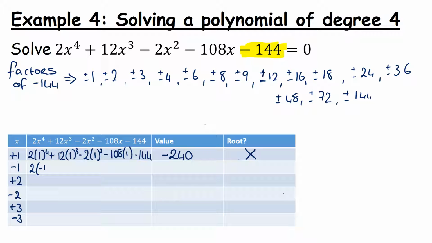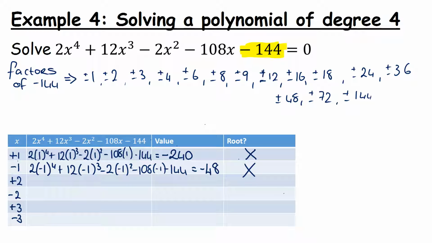So 2 by minus 1 to the power of 4 plus 12 by minus 1 to the power of 3 minus 2 by minus 1 squared minus 108 by minus 1 minus 144. And we evaluate that, and that gives us minus 48. So again, that is not a root.